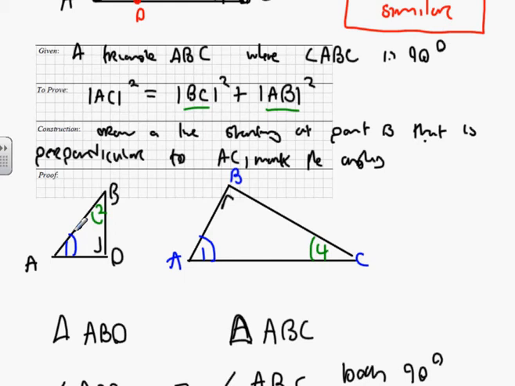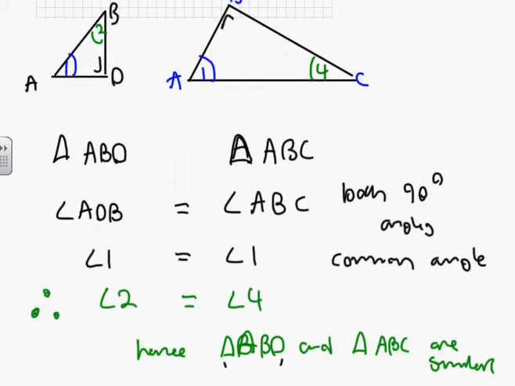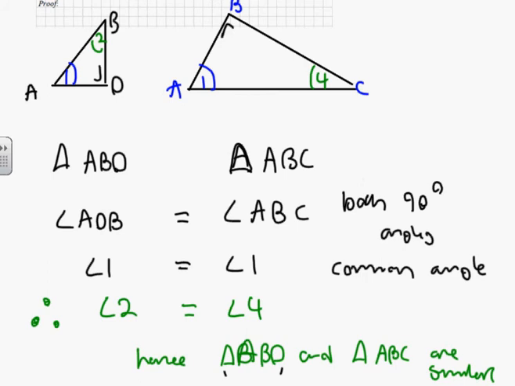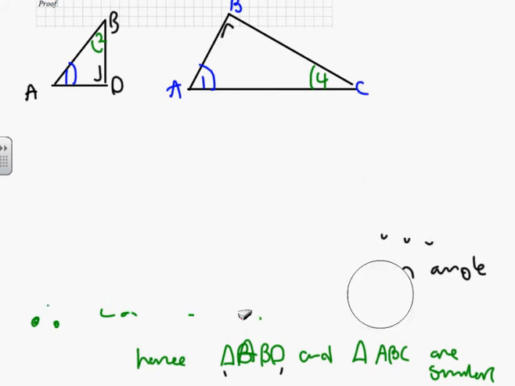We need AB, and from this triangle we could do it using BC. Okay, so let's use BC and AB from this triangle. So looking at these triangles very closely, now that we know that they're similar, I can actually rub that out now and just show you what we're actually doing here.